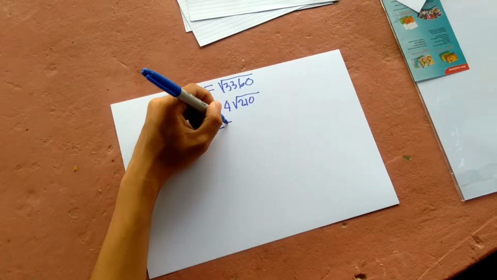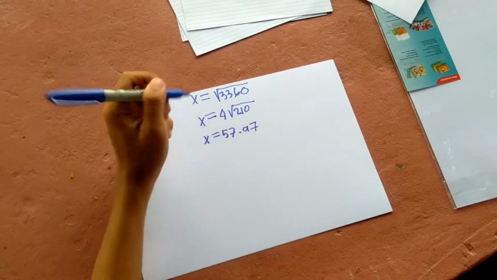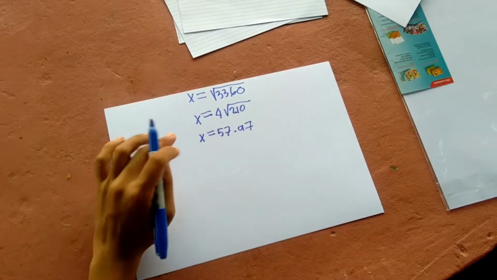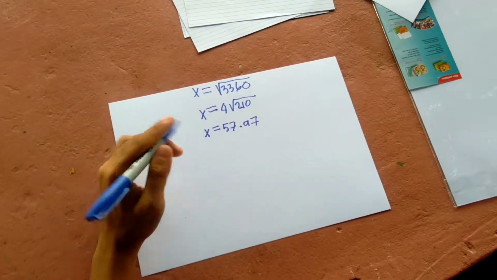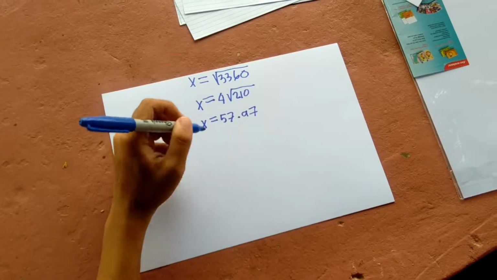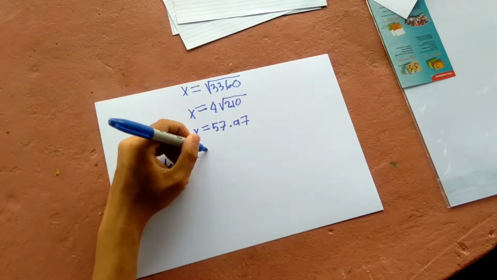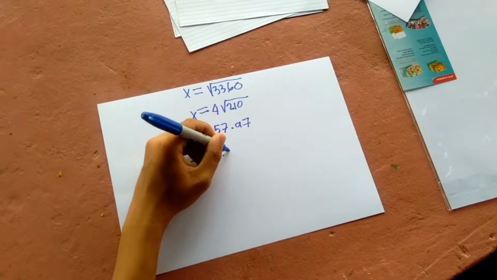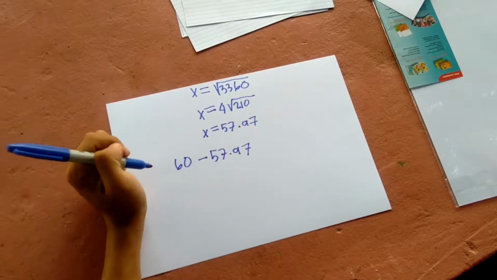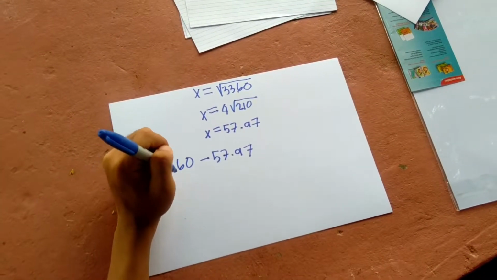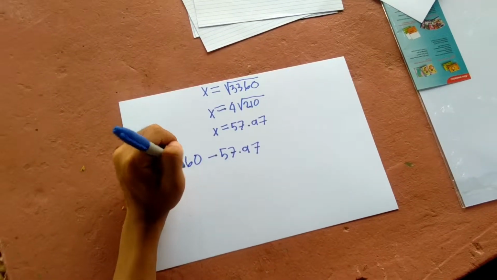Since the distance we are referring to is from the edge of the wall, the earlier distance, 60 minus 57.97, is the total distance you must stand to avoid your head from bumping.